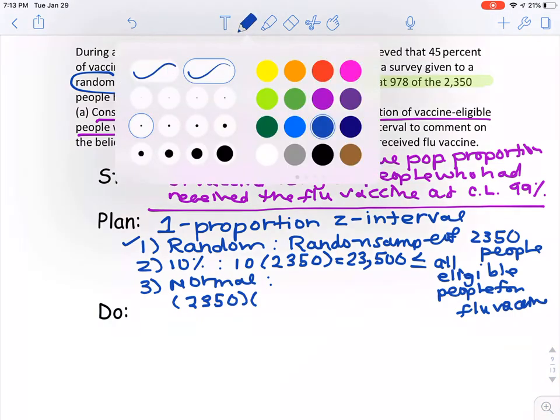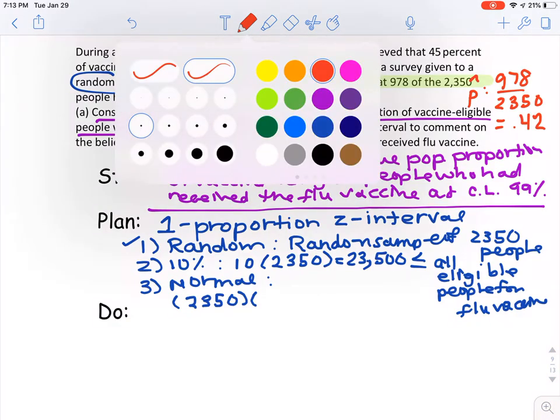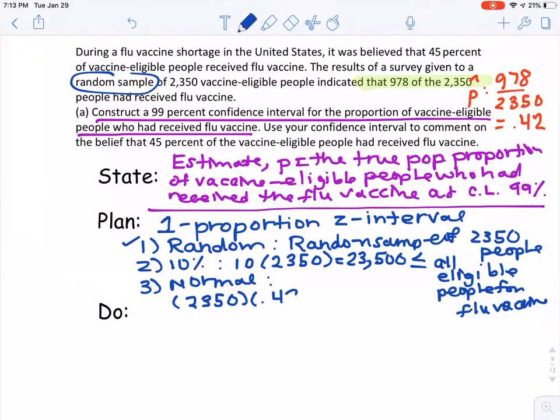They tell us that 978 of the 2,350 people had received it. Okay, so that makes our p hat 0.42. That's what we're going to use down here, 0.42.